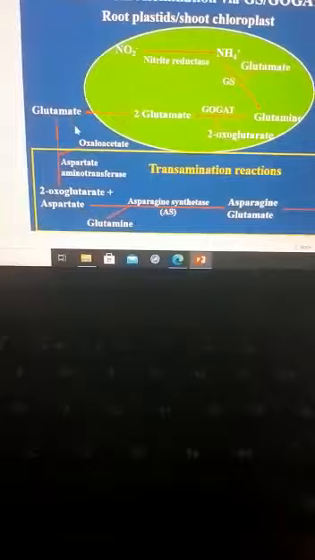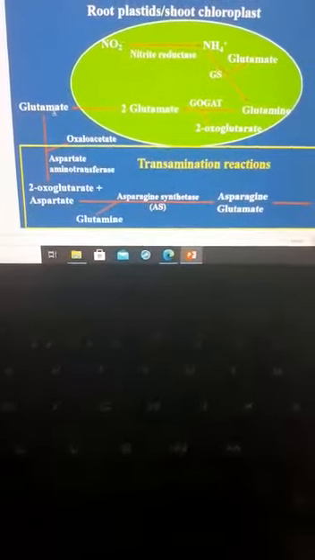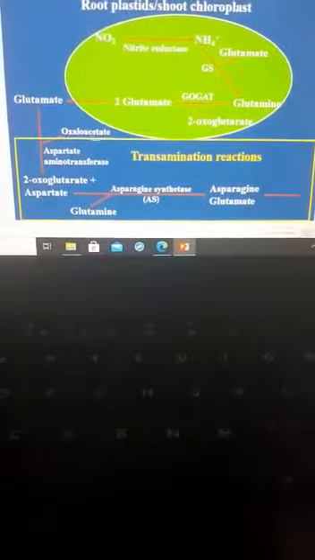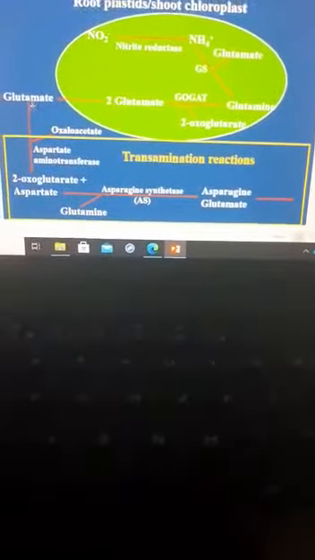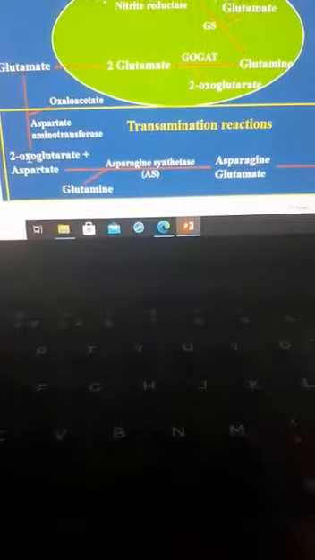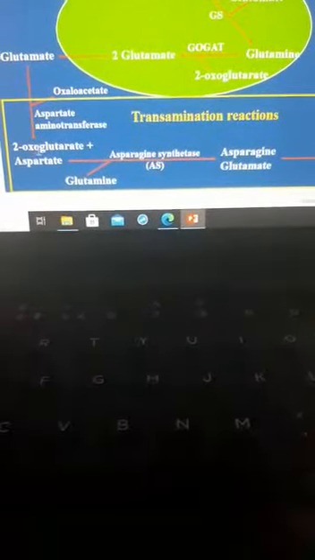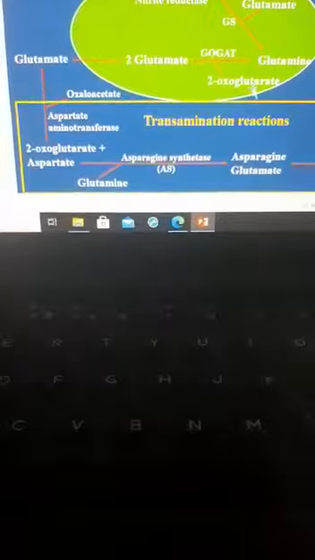That will result in this oxaloacetate, which is an organic acid, becoming an amino acid called aspartate. The glutamic acid, having lost an amino group, will go back to being an organic acid called oxoglutarate. That is what it was.